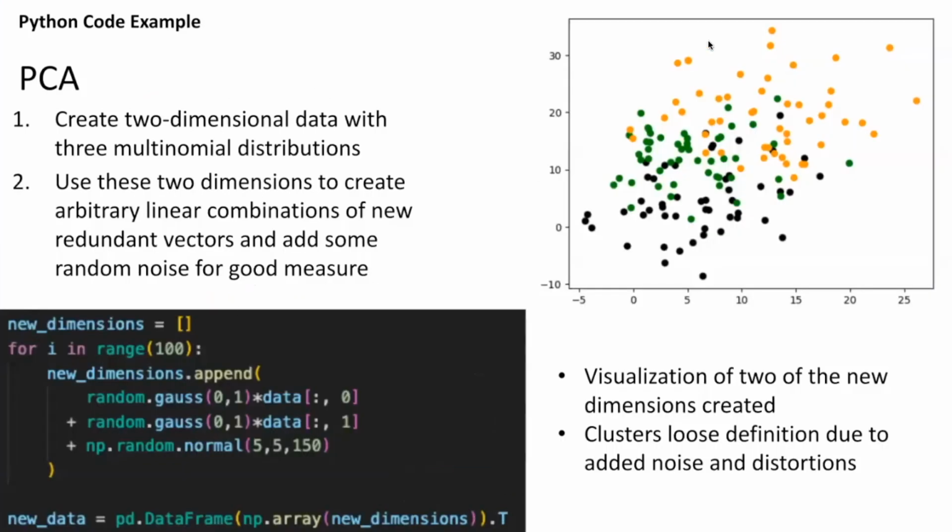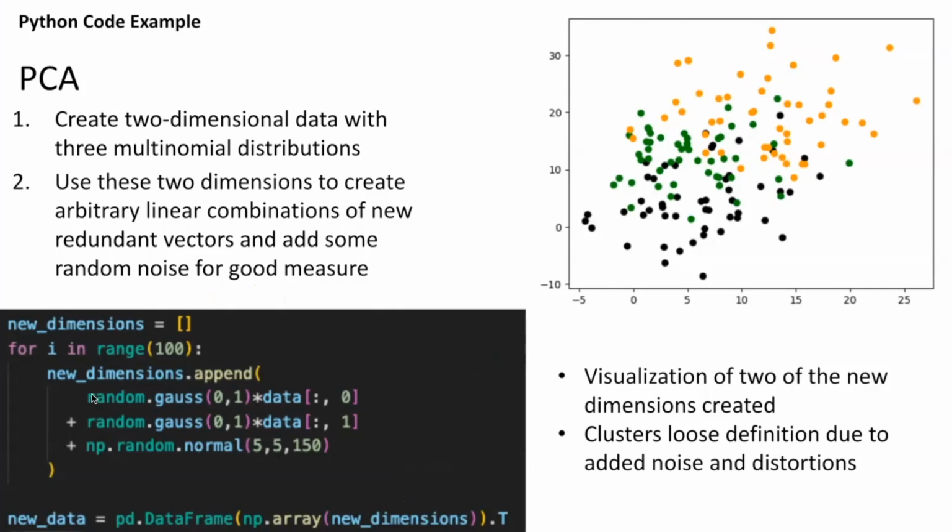And so how we do this, I'll just really briefly go over it. So here we have a for loop, we iterate over it 100 times, and we build linear combinations from the original 2 dimensions, right? So initially we had 2 dimensions from our nice clusters. And now what we do here is we multiply a random normal float number to the first dimension and then add the second dimension that's also multiplied with some random number.